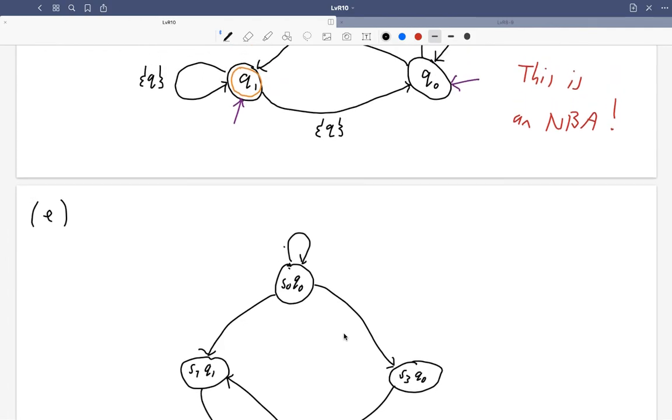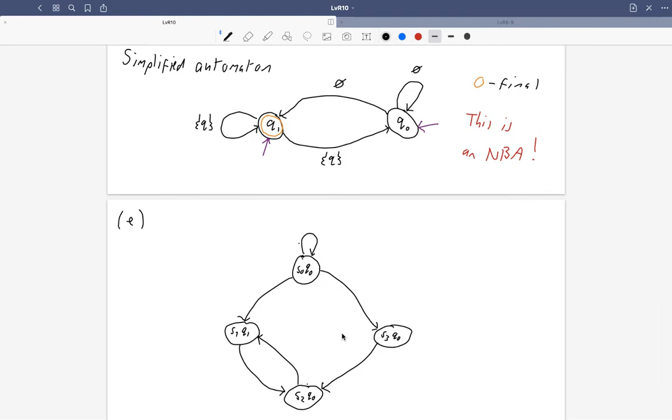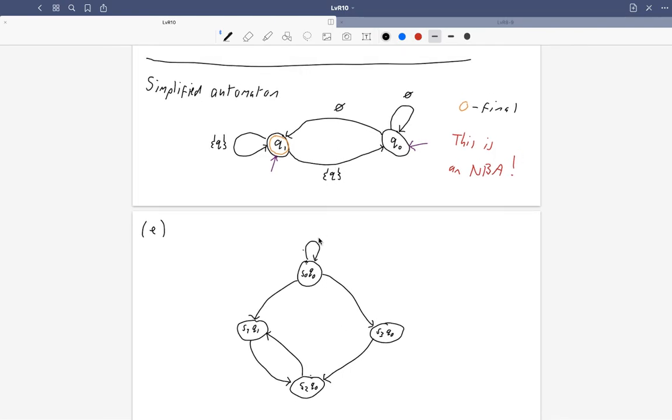And the labels are inherited from the Bookie automaton. So all the transitions out of the Q0 state have the empty set, and this one has Q because that's out of Q1.